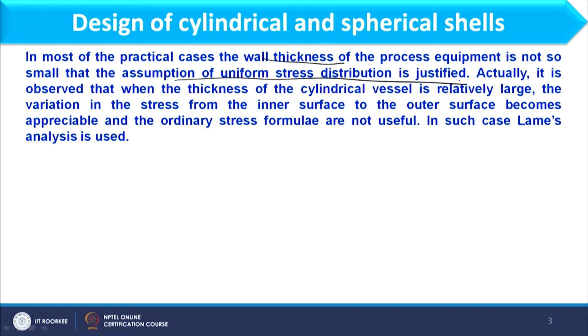Now if you remember the membrane stresses, where we have derived expression for computation of thickness for thin vessel, there we considered very small thickness of the shell, and that gives uniform distribution of stress from inner surface to outer surface, because that thickness is very small, and in that case we considered only two stresses, hoop stress as well as longitudinal stress.